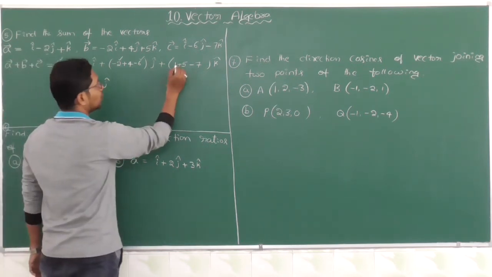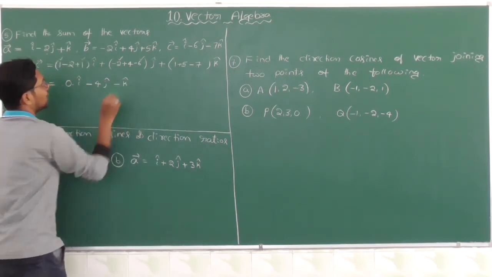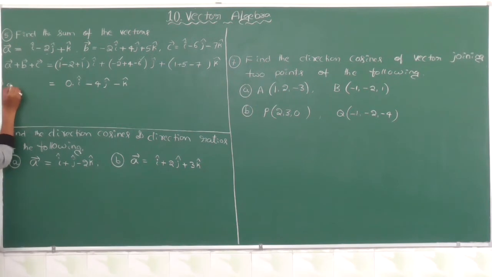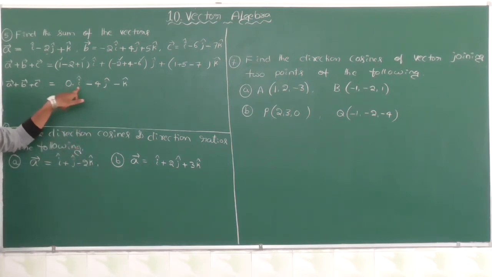Next, 1 plus 6 minus 7 is minus 1, that is minus k cap. Hence it is the sum of the vectors. A vector plus B vector plus C vector equals 0 i cap minus 4j cap minus k cap. Hence it is a problem.